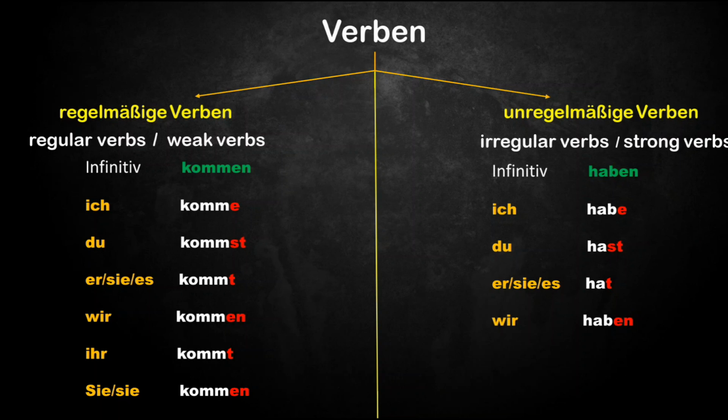Wir haben, ihr habt. Formal Sie or informal sie haben. So the root of the verb changed when we see it in du or in er, sie, es, it's hast and hat, while in the others it's the same as common, but still these two changes are there, so that's why it's an unregelmäßige Verb. So there you see these changes occur in them while we conjugate them.